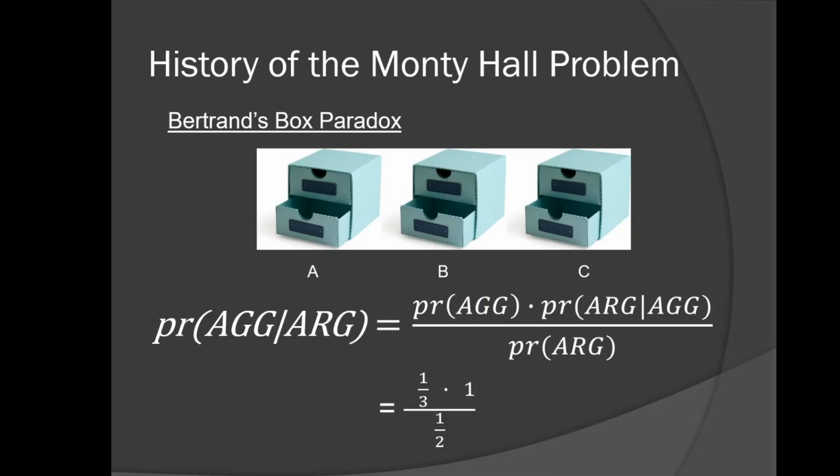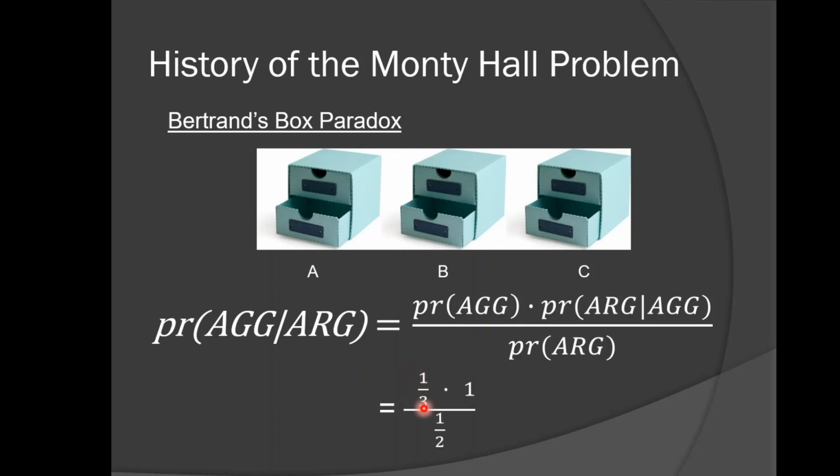So these are the probabilities that belong on the right-hand side of the equation. We see that the prior probability of the hypothesis that A is the one with two gold coins is 1/3. Why is that?